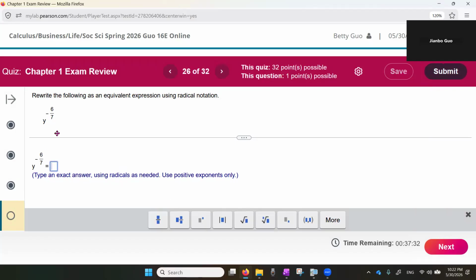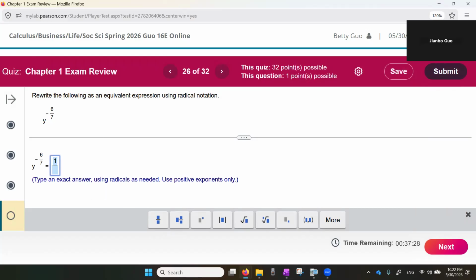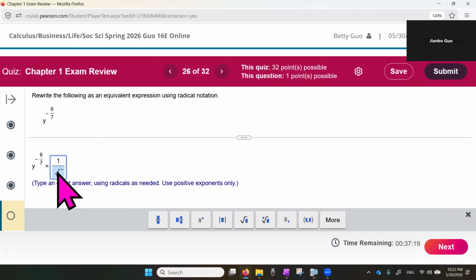This one is the same, but we need to remove the negative exponent first. So we're going to have the reciprocal of y to the power of 6/7, which gives 7 as the index. 7 is the index. And under the radical, we have y to the power of 6.